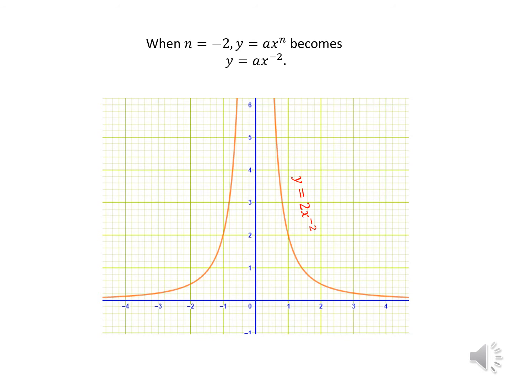If I rewrite it, it's y = 2 over x squared, with the x squared underneath. And x cannot equal 0, so that particular graph will have an asymptote with respect to the y-axis. The y-axis is the line x = 0, so there are no readings, and these graphs will not intersect with the y-axis.